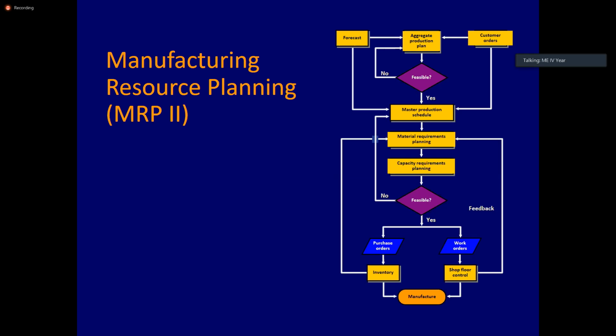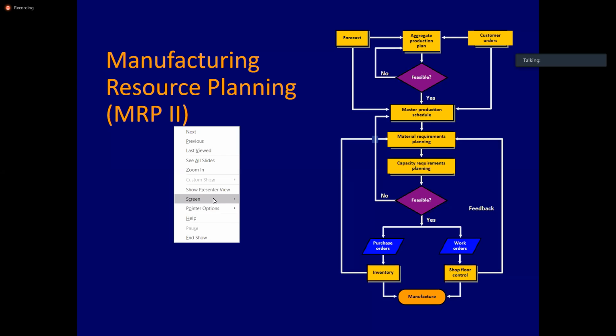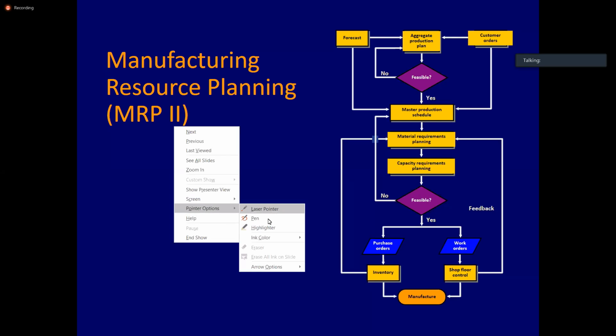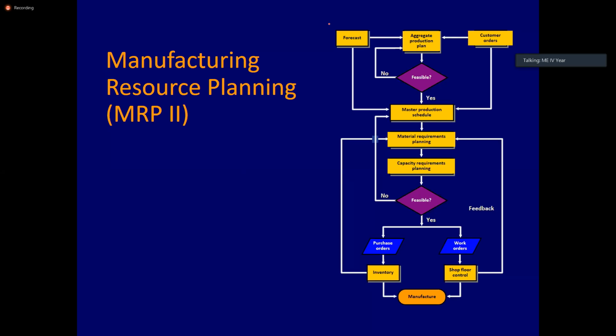This flow chart starts from the initial forecasting, whatever we do. Then we do aggregate production planning, generally a mid-term plan, like a 6 months to 1 year plan, to achieve production in a very effective manner.